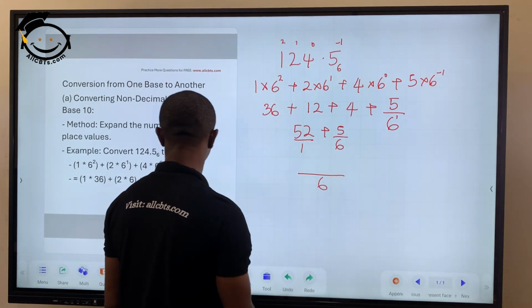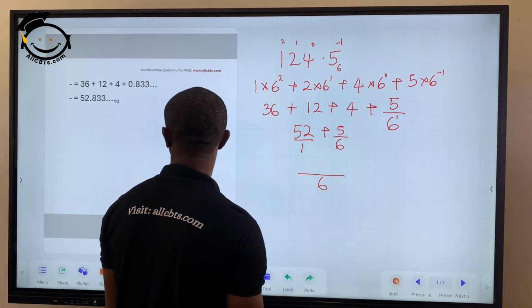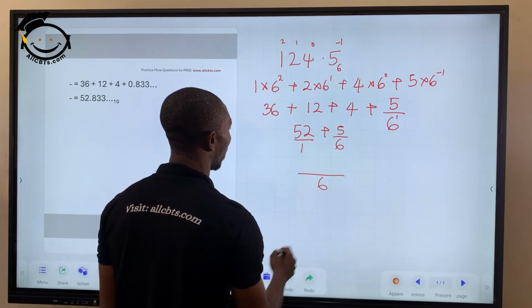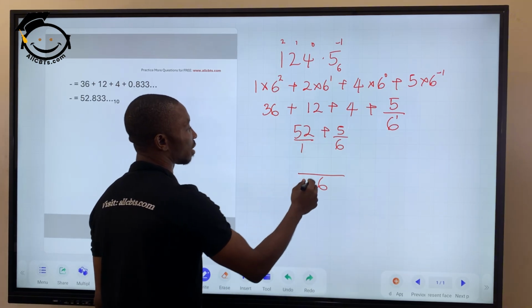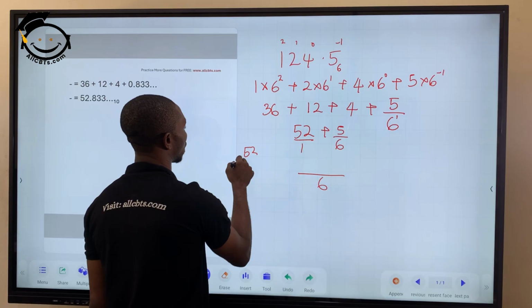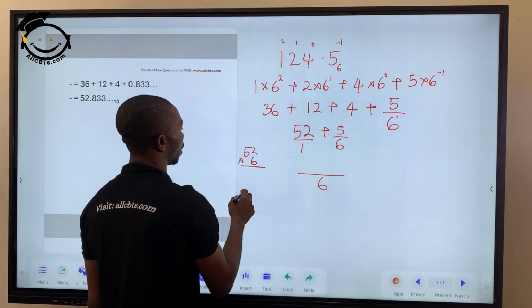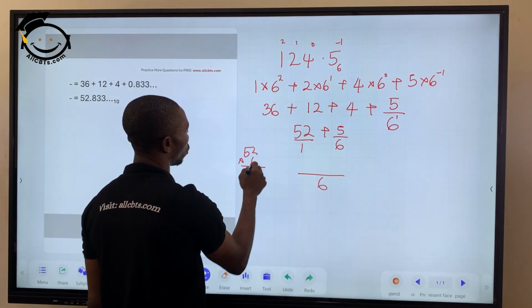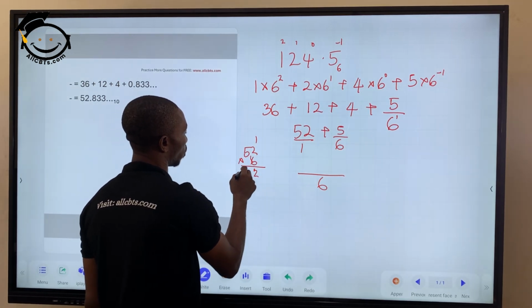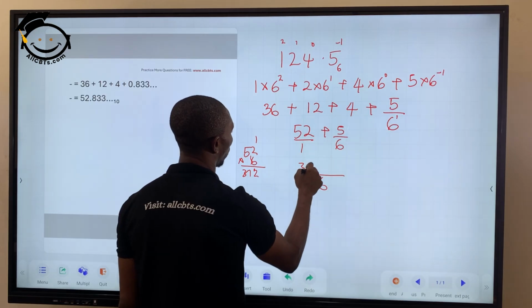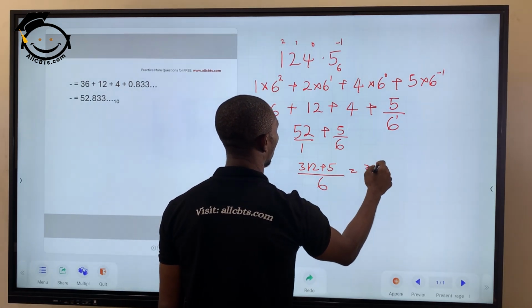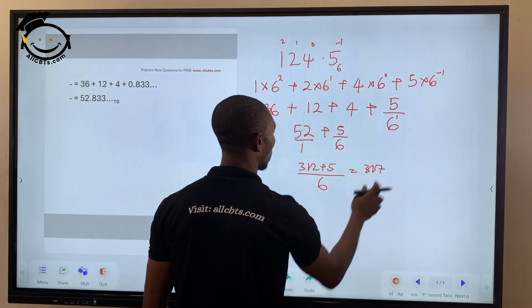So now we have 52 times 6. 52 times 6 will give us 2, 12, further 2 carry 1, 30 plus 1, 31, so 312, plus 5. That gives us 317.